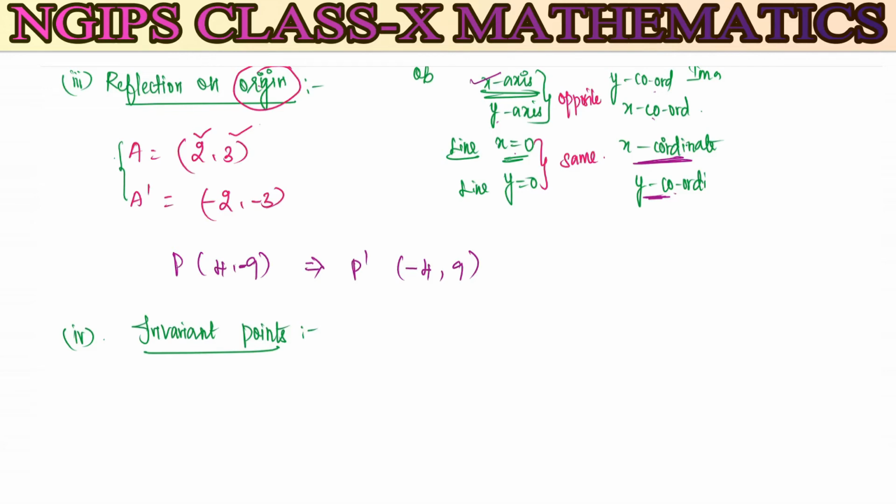Now see here, for example, when you have taken 0 comma 4, so this is a point A, the object A. When you take reflection on y axis, usually with an axis we need to take the opposite.